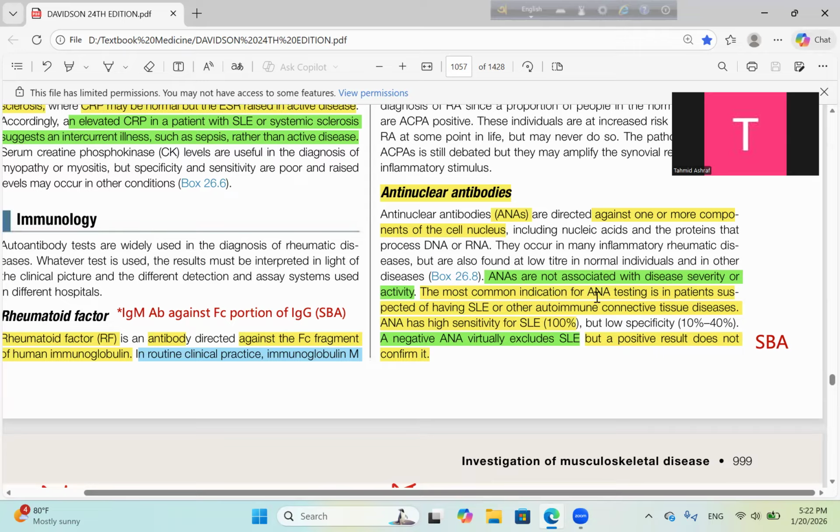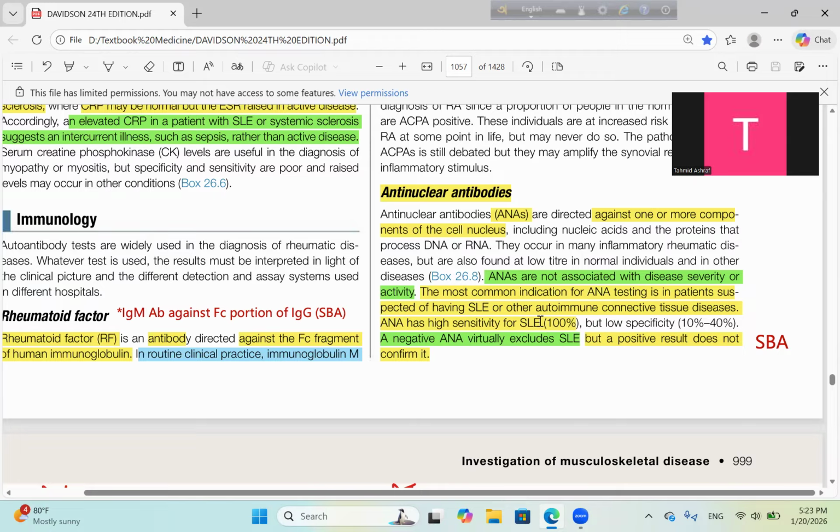The most common indication for ANA testing is in patients suspected of having SLE. If we suspect any patient of having SLE, we must advise this test, ANA. Not only SLE, other autoimmune connective tissue diseases can also be diagnosed with ANA. ANA has high sensitivity for SLE: 100% sensitive.